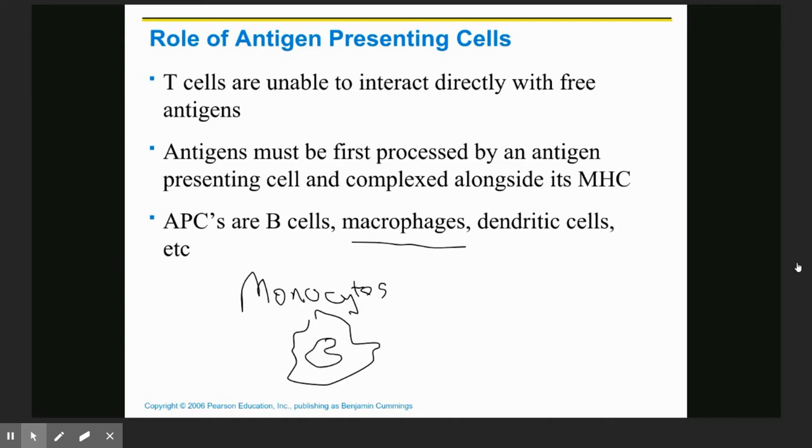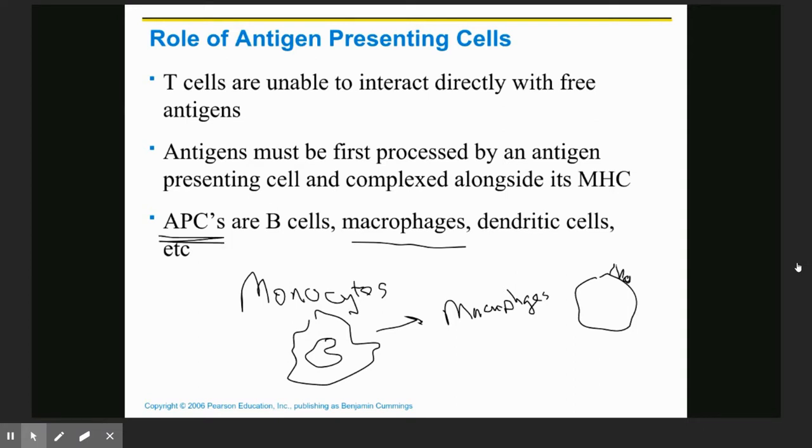Well, they turn into macrophages. And macrophages eat stuff like crazy. Some of what they eat gets attached to the surface alongside the MHC. And so they're also antigen presenting cells.